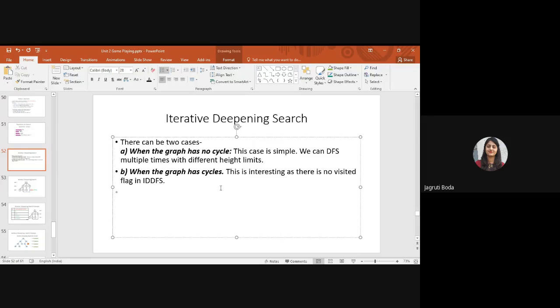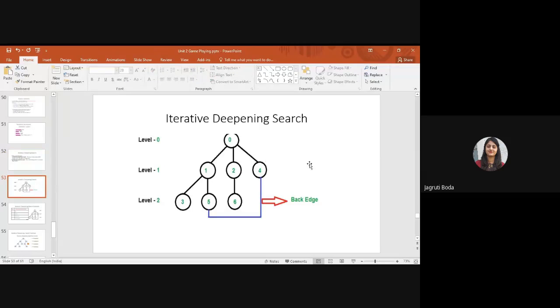When the graph has no cycle, the case is simple, so we can run DFS multiple times with different height limits. But with a cycle, it is interesting, as there is no visited flag in IDDFS. So we take this example so you have it clear.